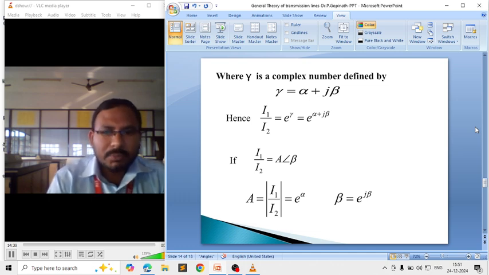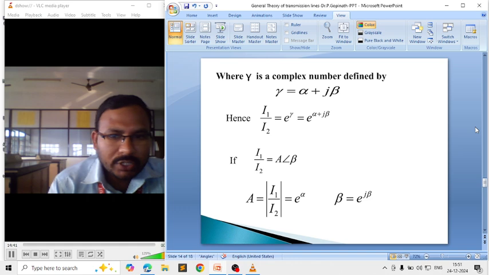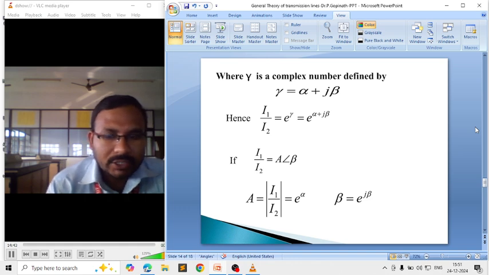So I1 divided by I2 equals e power gamma, which equals e power alpha plus j beta. The magnitude is e power alpha, and the phase is e power j beta, with angle beta.